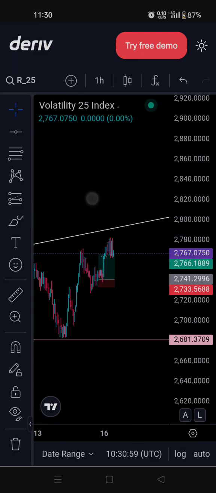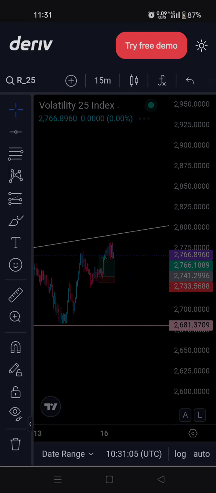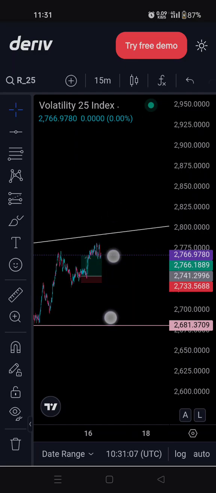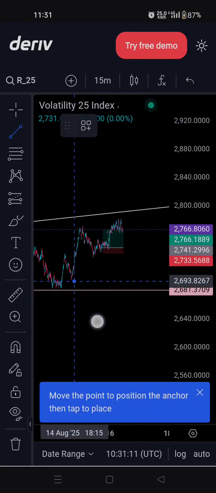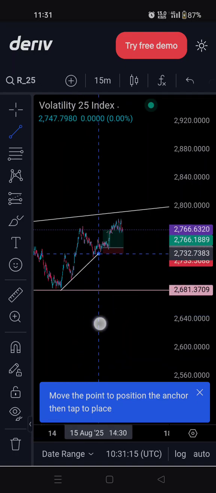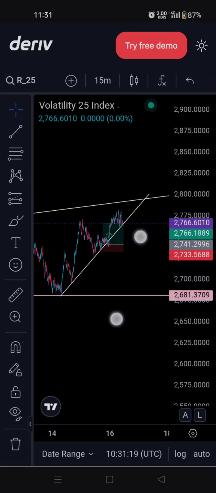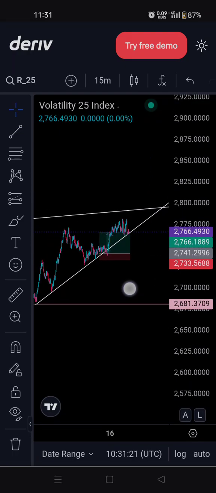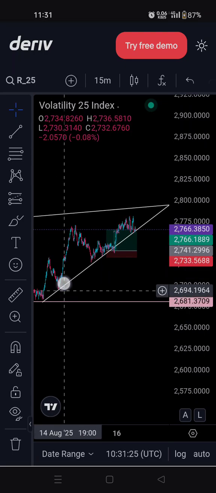So this was what I saw, and then I went to a lower time frame of 15 minutes. That's when I was able to spot this up sloping support that the market has been respecting. Spotting it, I knew that this is what is going to happen, that the market will keep on coming to nestle at this very point.